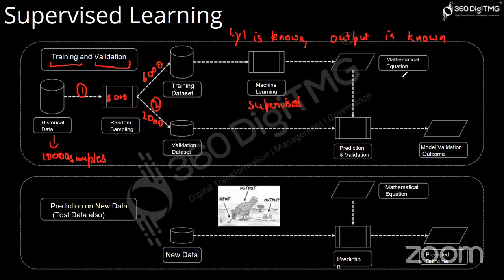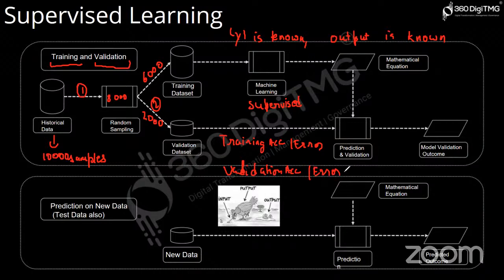Whenever we are working with any sort of supervised machine learning algorithm, we are always getting a mathematical equation. We take this equation and we apply it on a validation data set. Okay, and we check for the accuracy. So we get training accuracy, error, and we check for validation accuracy and error.